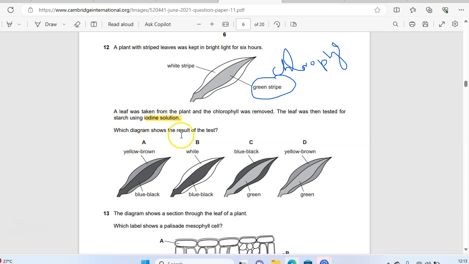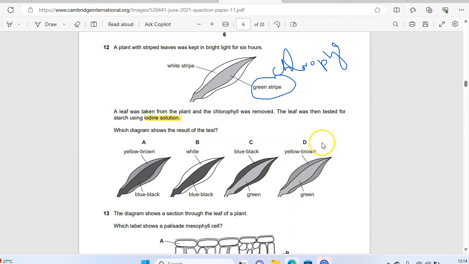So which diagram shows the result of the test? You need to remember the white stripe will not result in blue-black. So you're going to eliminate C. But the inner part will be blue-black because of the chlorophyll. And green is not the answer.